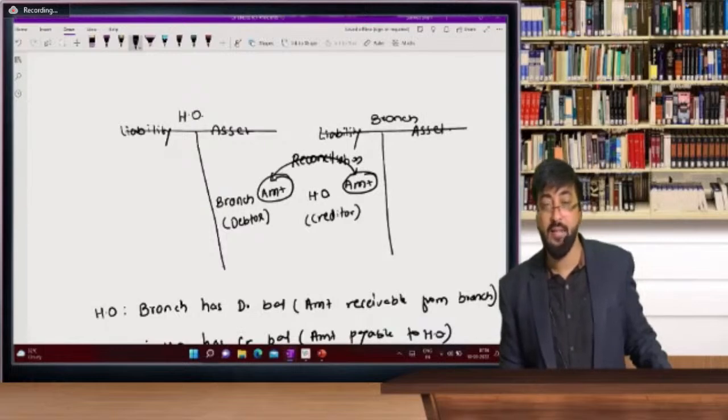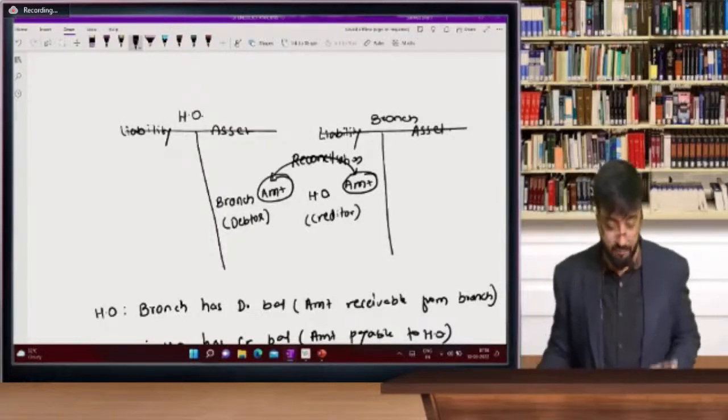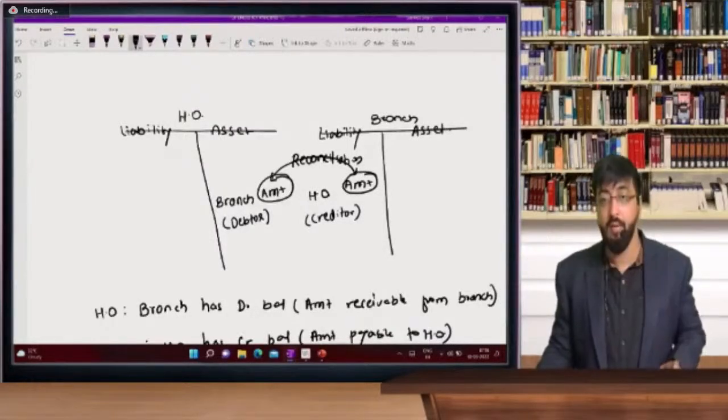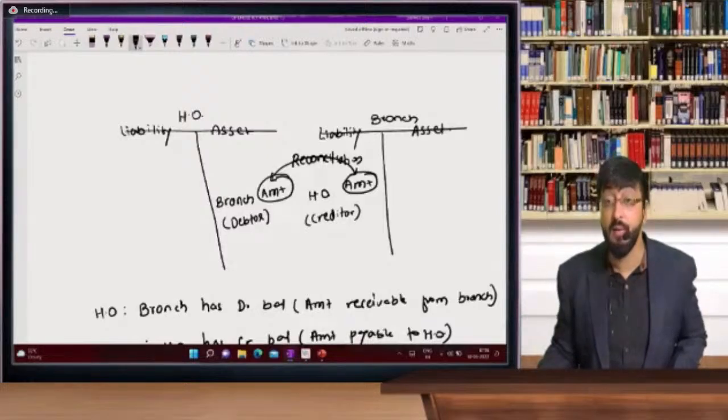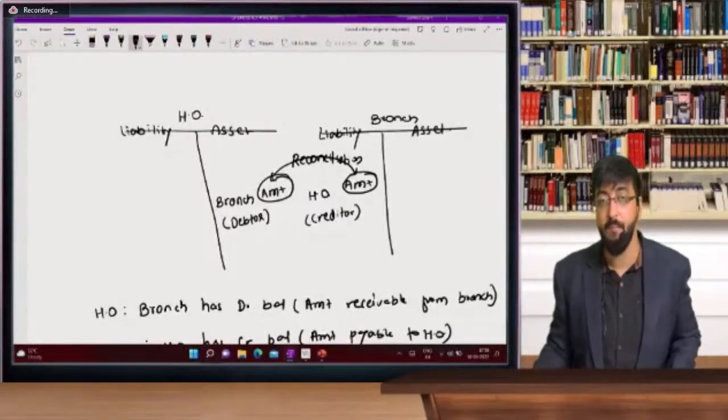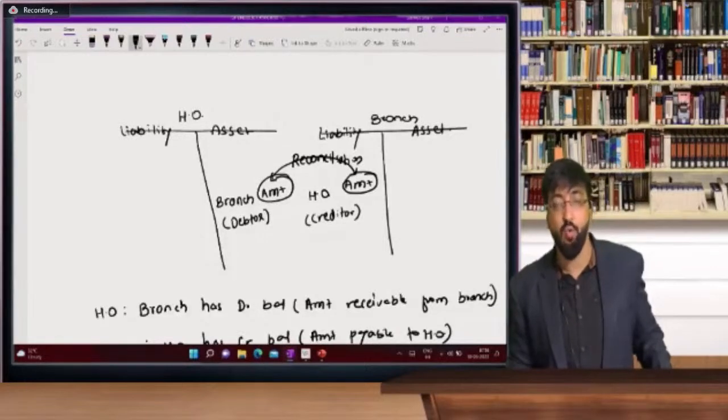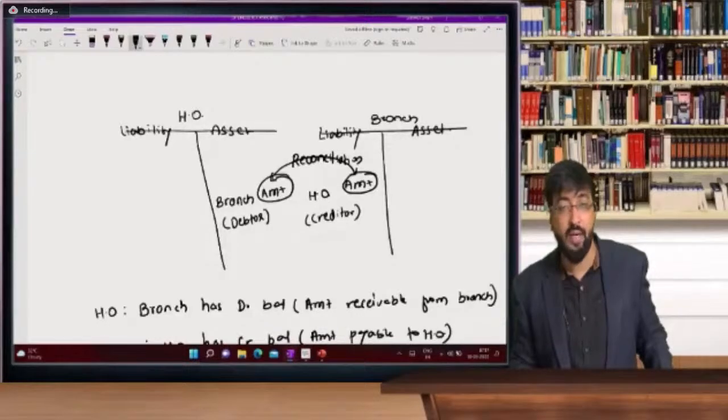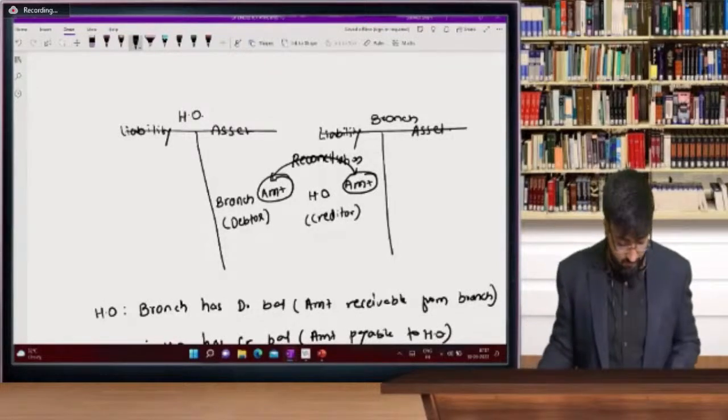As balances are not matching, therefore we need reconciliation. What we need? We need reconciliation. So what is the first step? First step is that we need RECO. RECO means amounts are not showing similar balance, and therefore we need reconciliation.